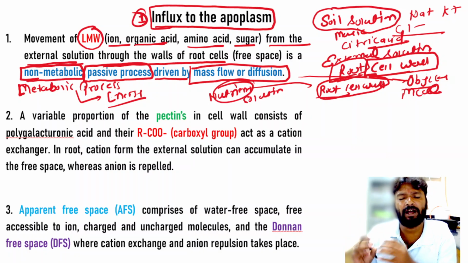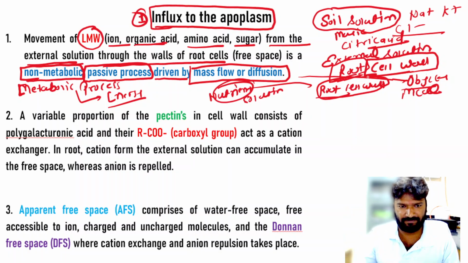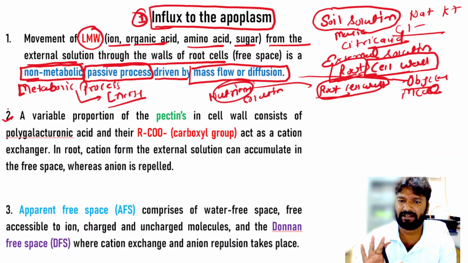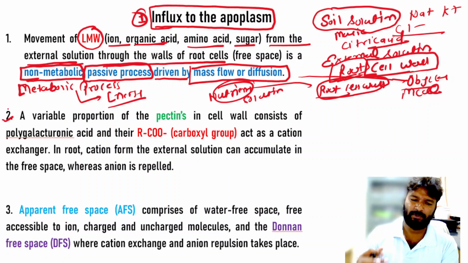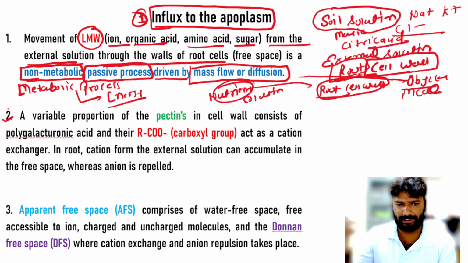It depends on only one factor, the concentration gradient. Now second point: there are some low molecular weight ions, organic acids, amino acids or sugars which move from the external solution to the walls of the root cells.